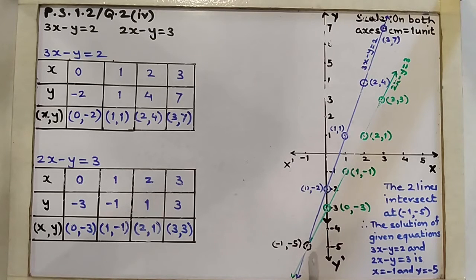The lines intersect each other in the third quadrant. So as the two lines intersect at -1, -5, therefore the solution of given equations 3x minus y is equal to 2 and 2x minus y equal to 3 is x is equal to -1 and y is equal to -5.